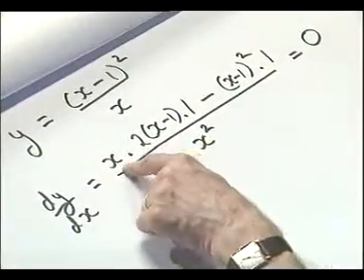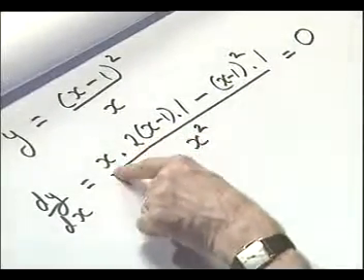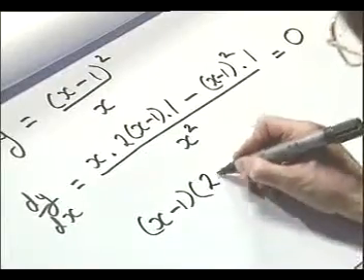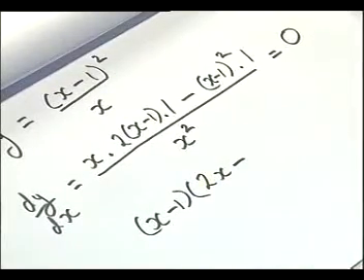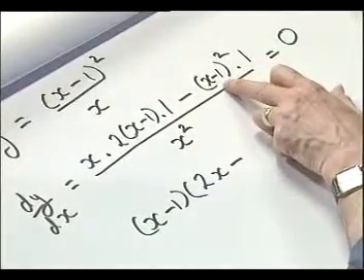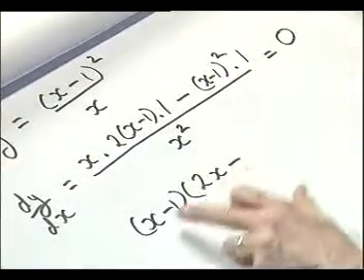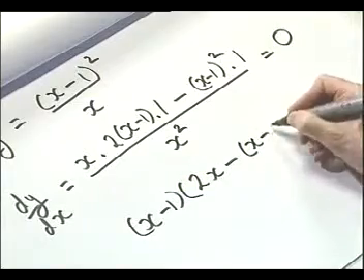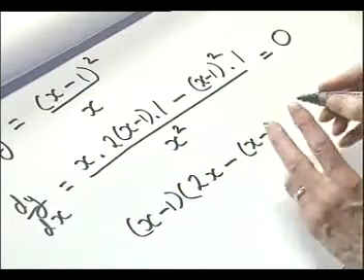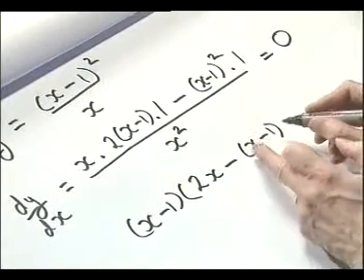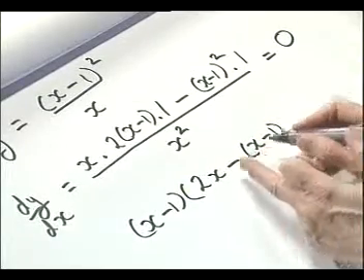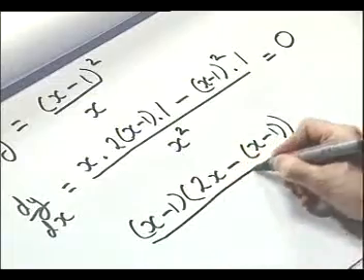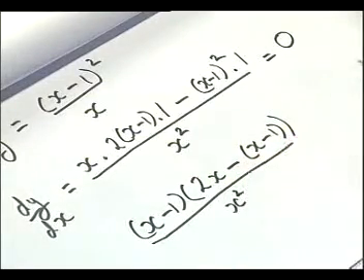Well, here we've got 2 and x giving us 2x and a 1 times by 1, that's still 2x, minus, and here we've got 1 times by, now we just took out x minus 1 as a factor, so it's minus x minus 1. And notice I've kept it in the bracket because it's the whole of x minus 1 that I'm taking away. And close that bracket and all over x squared.